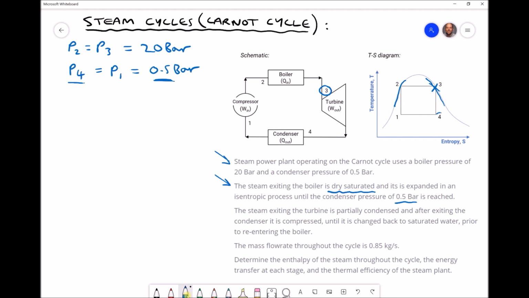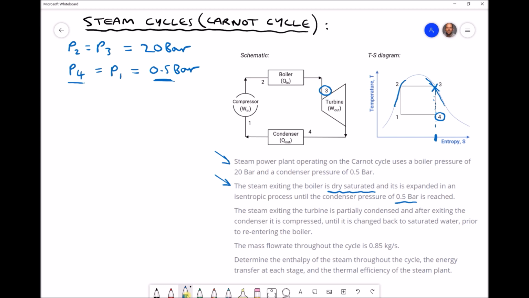So at position 4 on our temperature entropy diagram, we know that we have wet steam at a pressure of 0.5 bar. The other thing it tells us is that we have an isentropic process, and once again we can see that from our temperature entropy diagram, because if we have an index mark here on our entropy axis, we can see that at position 4 and position 3 we have the same entropy.